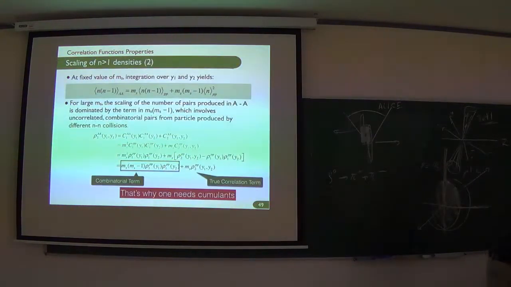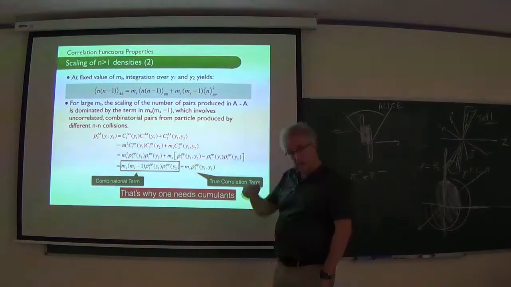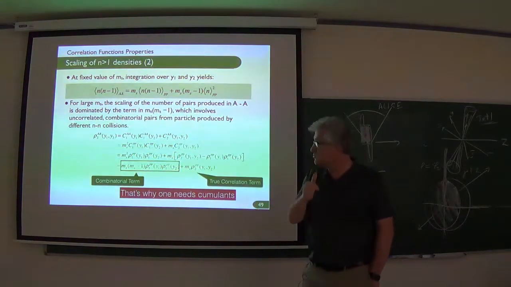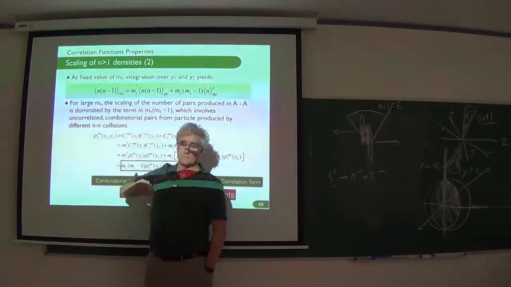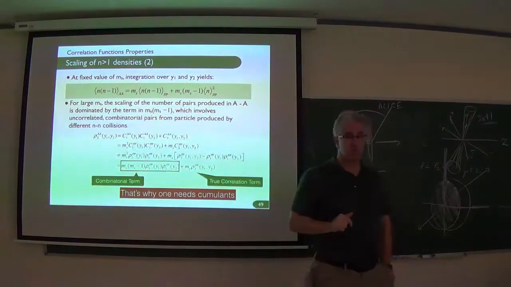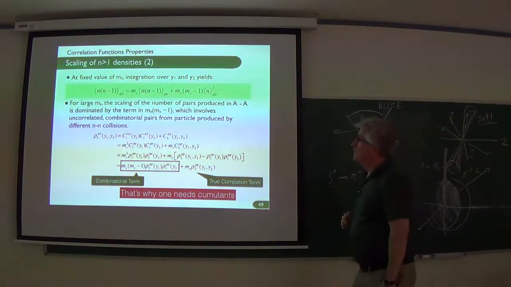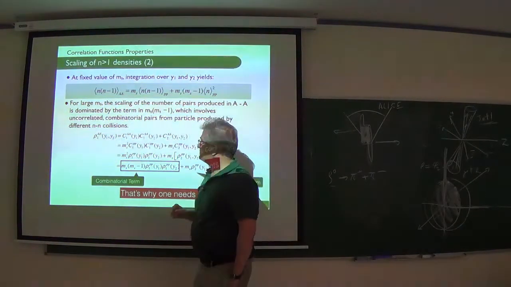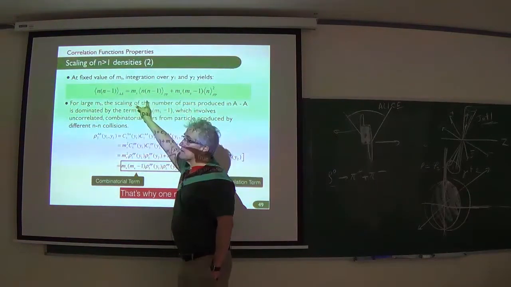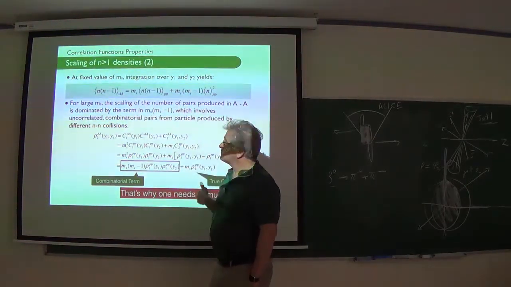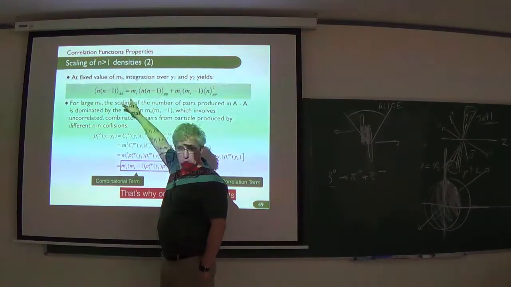Now, for densities larger than 1, I will have a slightly different situation. If I'm now looking at the number of pairs in AA collisions, there are many ways of observing pairs. So, when I do this in PP, I'm going to observe some number of pairs, but the number of pairs I will see in AA will certainly be a factor larger than this.